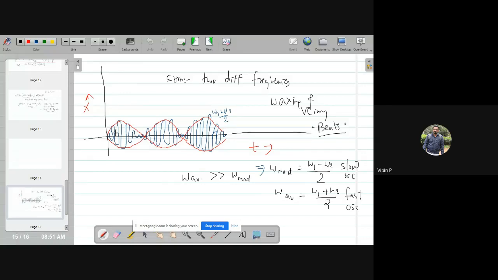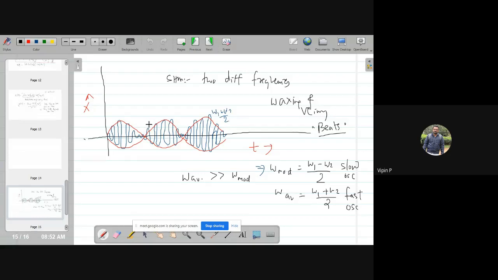You see, the faster oscillations will be modulated by the slower oscillations. So you hear something like a waxing and waning of sound, if you think of it as a sound wave.